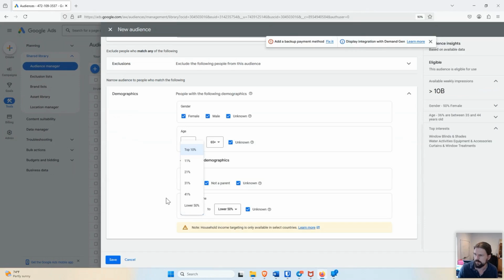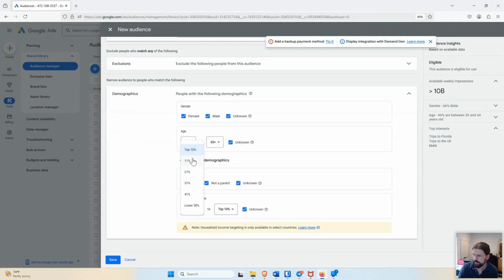So we have percentiles here where you have lower 50%, then top 40%, top 30%, top 20%, and then top 10%, essentially. So if I want top 10%, I'll just say top 10% to top 10%.